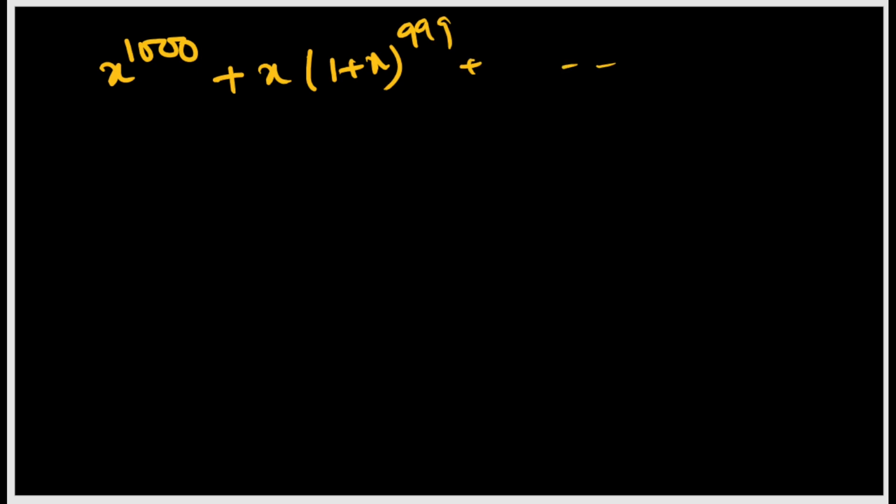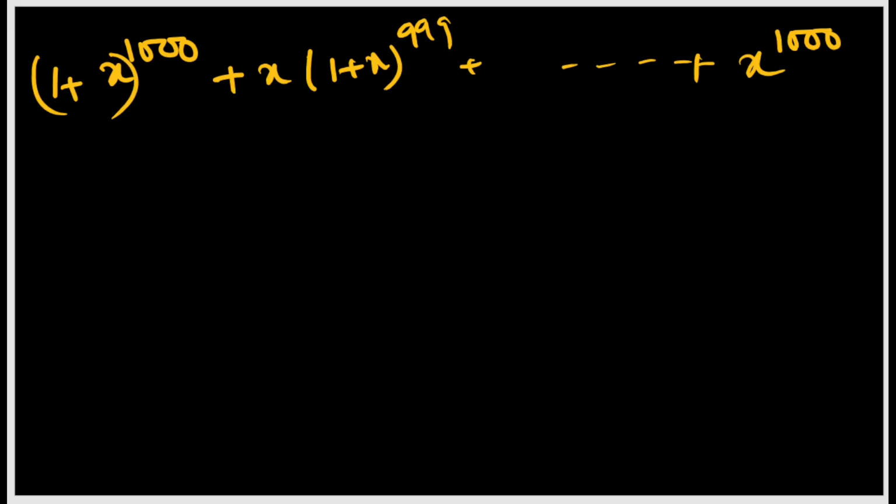Our problem is (1 + x)^1000 + x(1 + x)^999 up to x^1000.